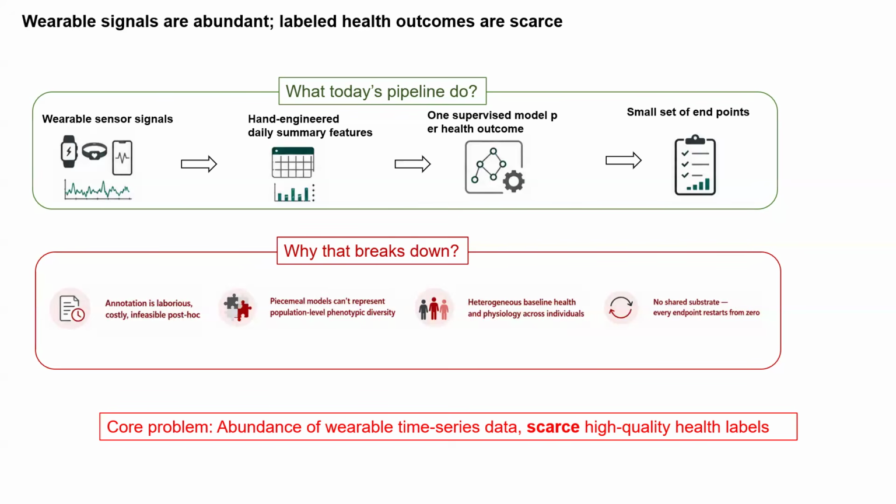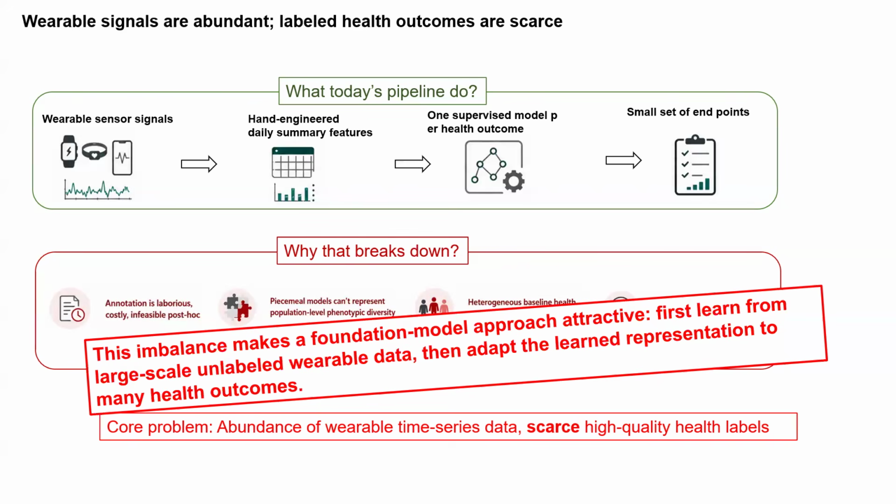The third is that there is heterogeneous baseline health and physiology across individuals, so we can't really get personalized outcomes, and there is no shared substrate or endpoints between the models. So the core problem is that although we have an abundance of wearable time series data, we don't have a lot of high-quality health labels.